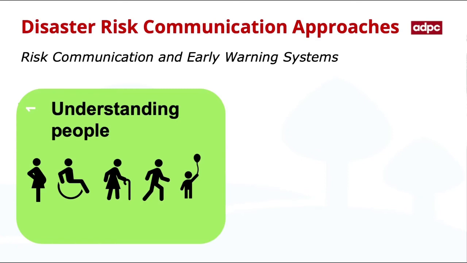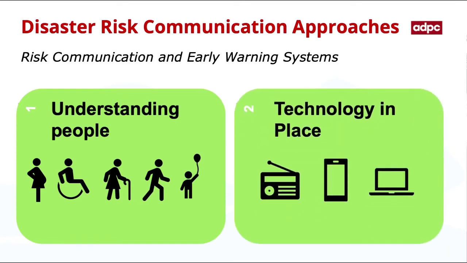The second element concerns technology. An early warning system needs to be accompanied by technology. Designing an early warning system consists of multiple steps. First, you need to identify the actions end users should take.